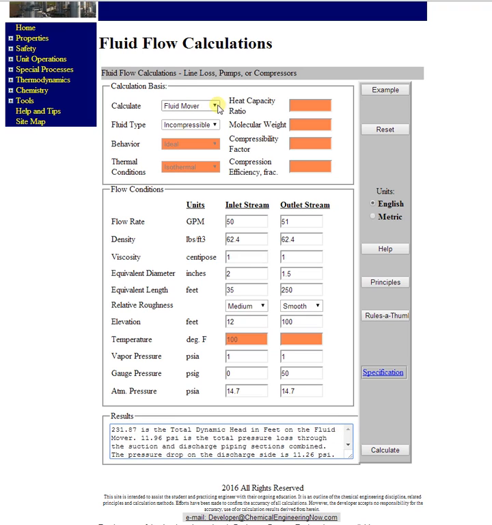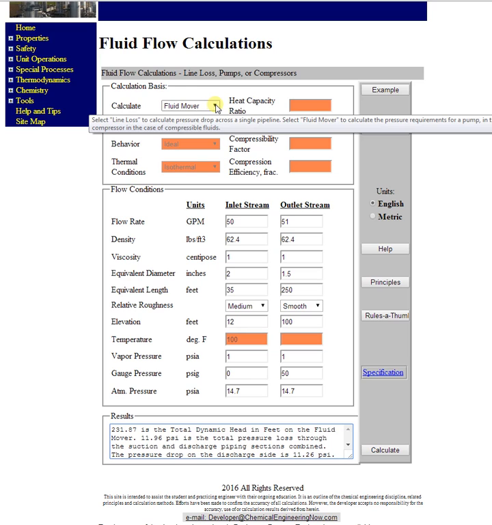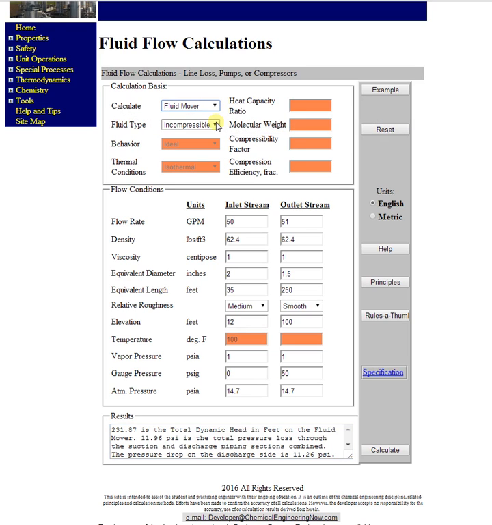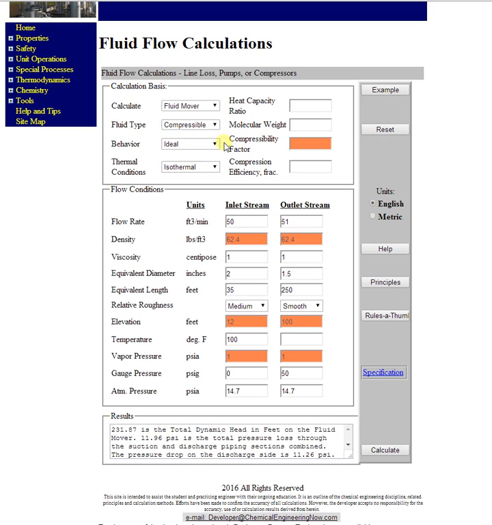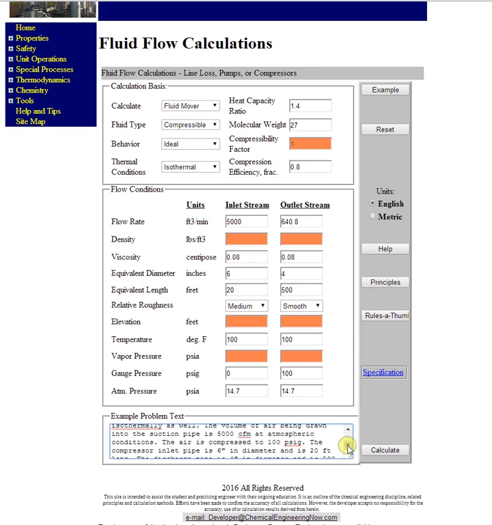Now, if we look at a similar example of a fluid mover for a compressible fluid, in this case, air is being compressed isothermally and flows through the compressor suction and discharge piping isothermally as well. The volume of air being drawn into the suction of the compressor is 5,000 CFM at atmospheric conditions.